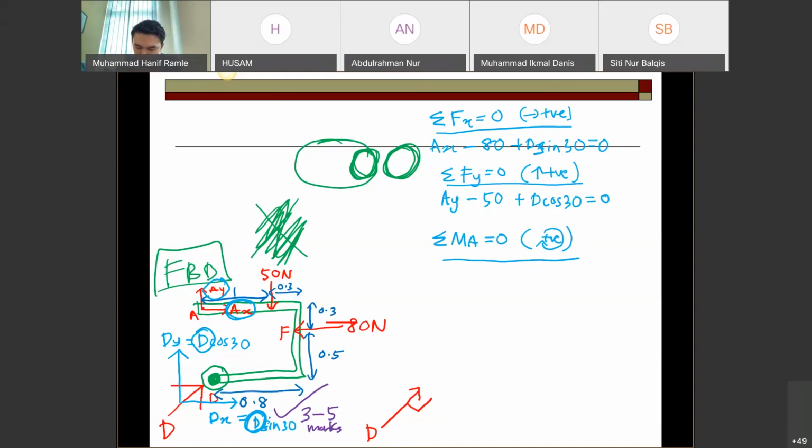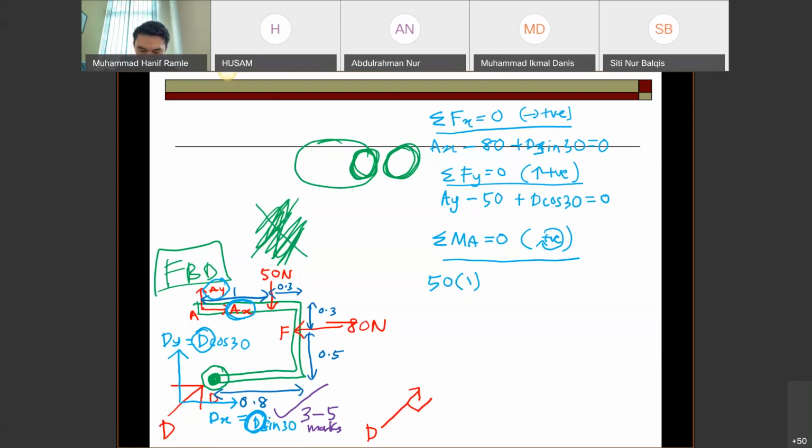So how to calculate the moment? We have 4 forces to consider in this calculation. We start with 50 Newton, and the dimension is 1. Please check the direction, is it positive or negative?